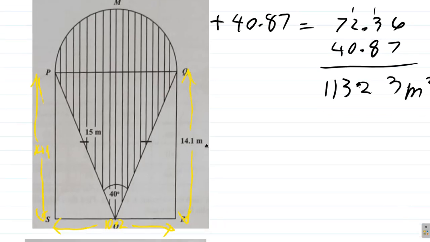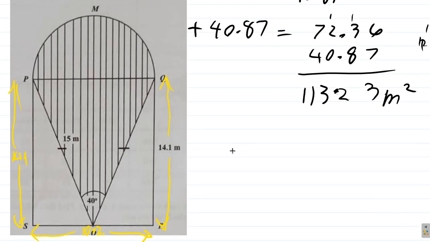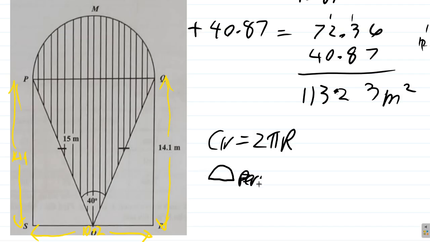Now, if it was a whole circle, then the perimeter of the circle, which we call the circumference, would be 2 pi r. But this is the semicircle. The perimeter of the semicircle is half of 2 pi r.